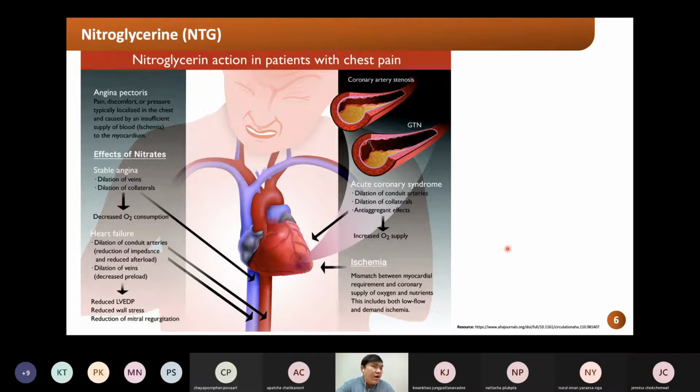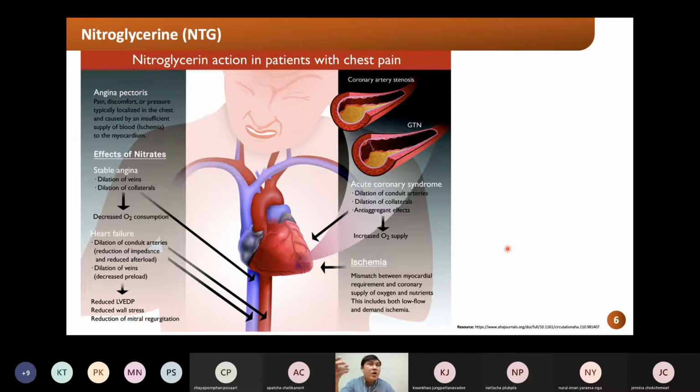The heart muscle just has the normal demand, right? But the supply is decreased, like with coronary artery stenosis or plaque that occludes the blood perfusion.